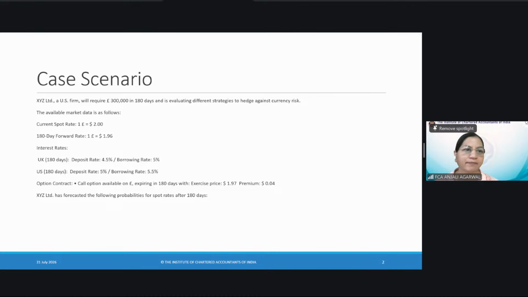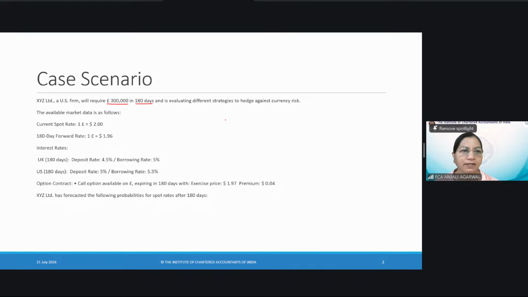XYZ Limited is a US firm. This requires 300,000 pounds in the next 180 days. So it's a US firm which requires 300,000 pounds, in UK currency. And it is evaluating different strategies to hedge against the exchange currency risk.